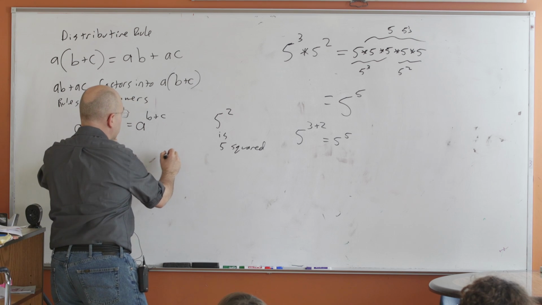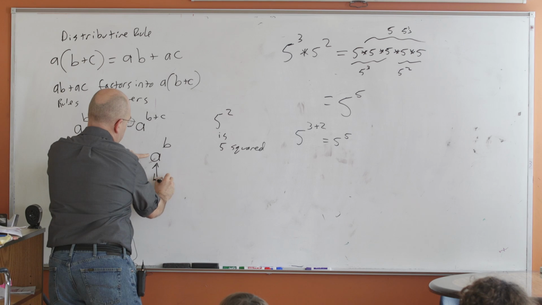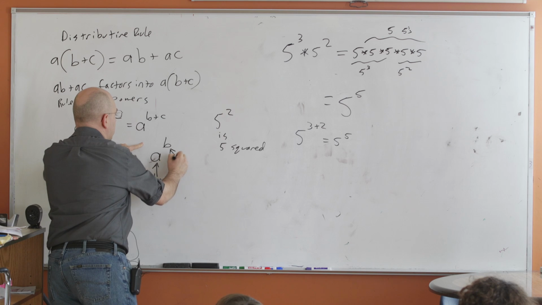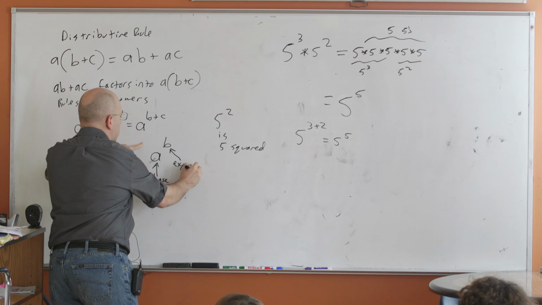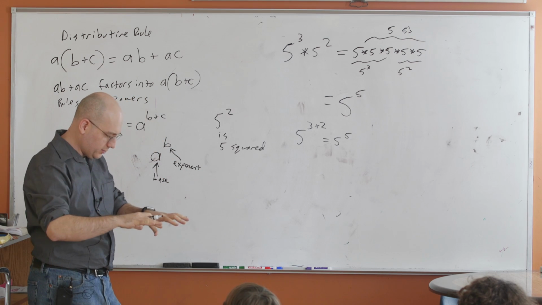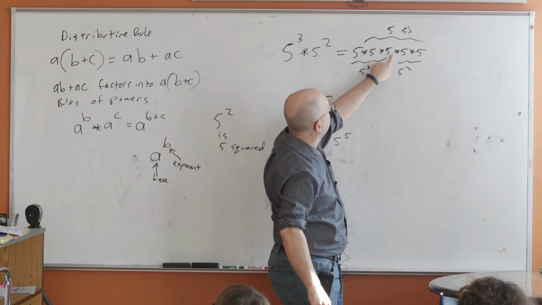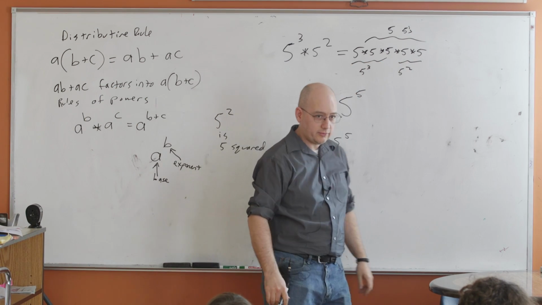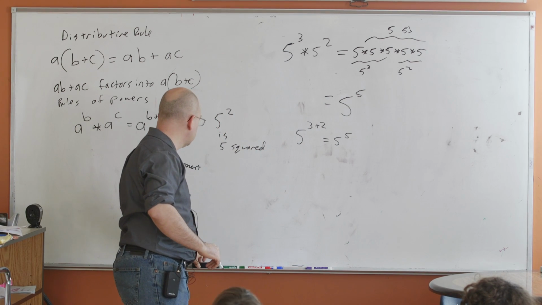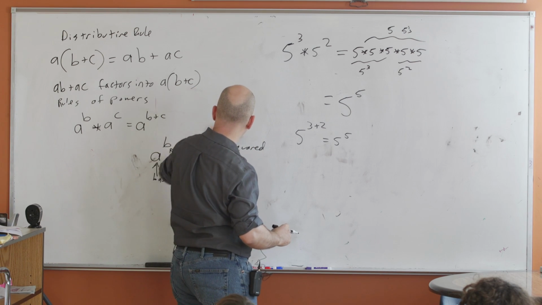So I should probably write that somewhere. This number a is called the base. So it's the number you're multiplying by itself over and over again. And this number is the exponent. And so when you're multiplying two things with the same base, you just add the exponents. And it's just because you're counting that number of factors. So it's a nice, easy rule to enjoy.